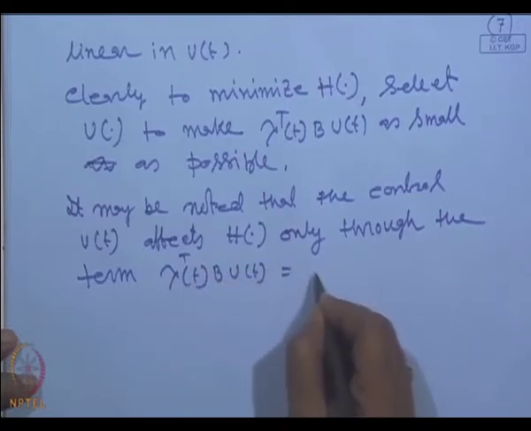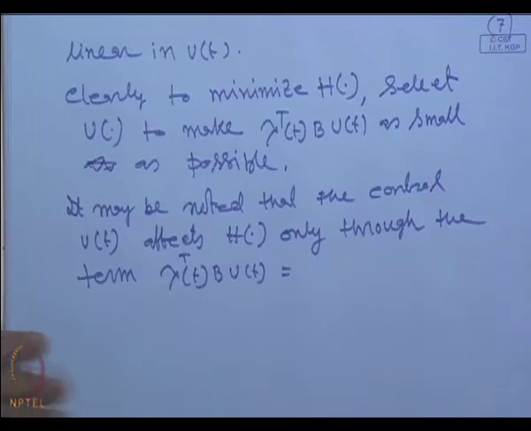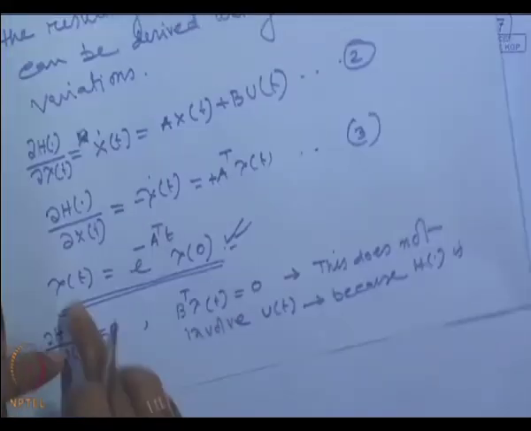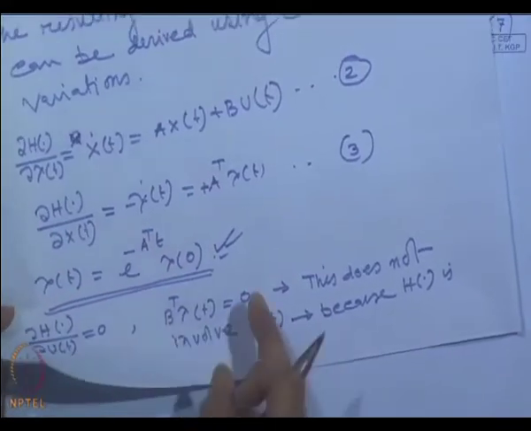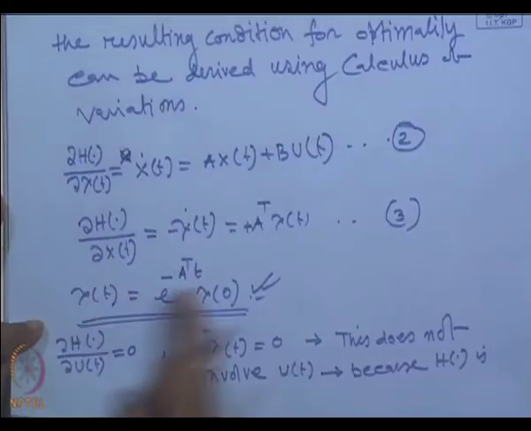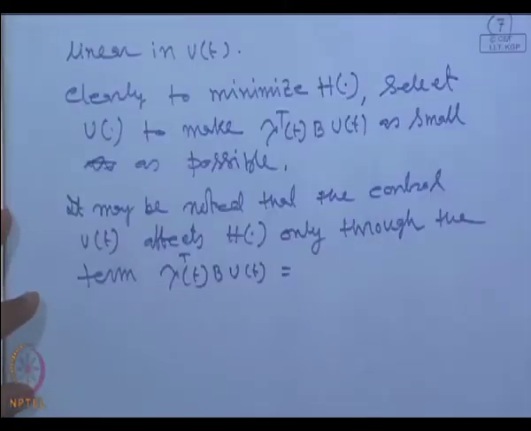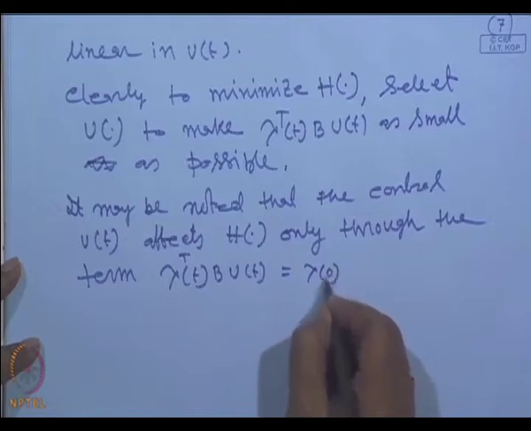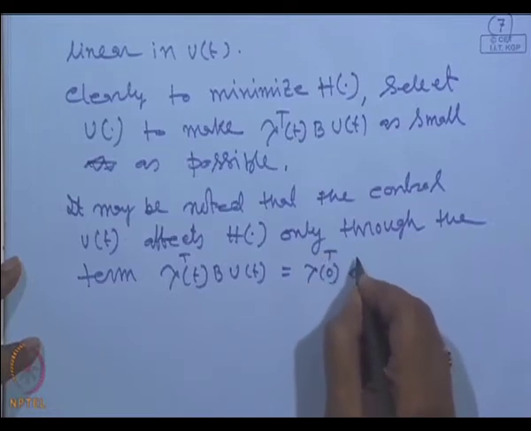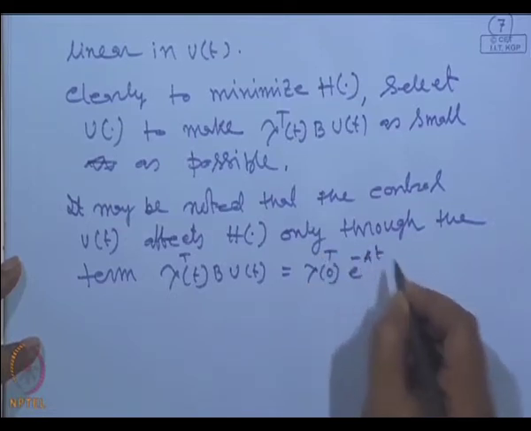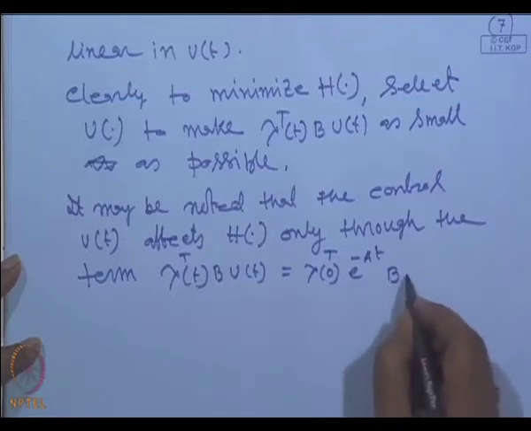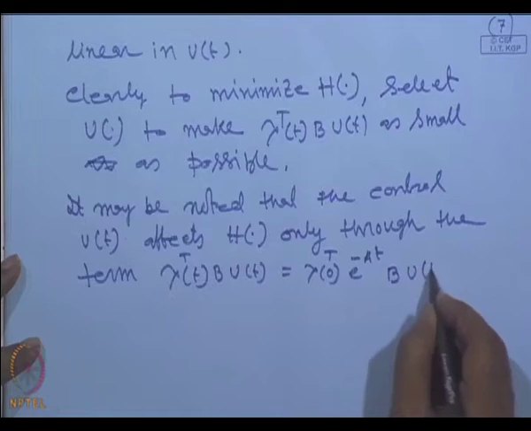Just now we have found the solution for lambda. Taking the transpose on both sides, this is equal to lambda 0 transpose e to the power of minus A t B u of t. Agree?